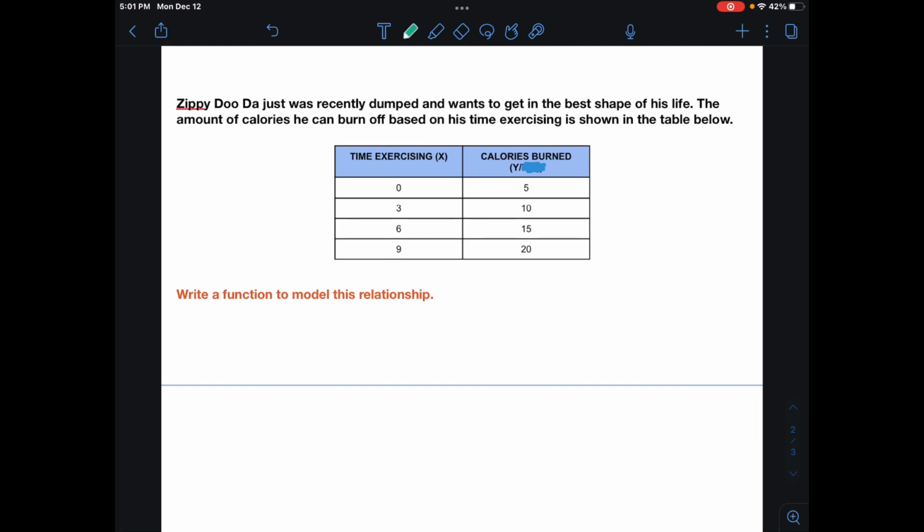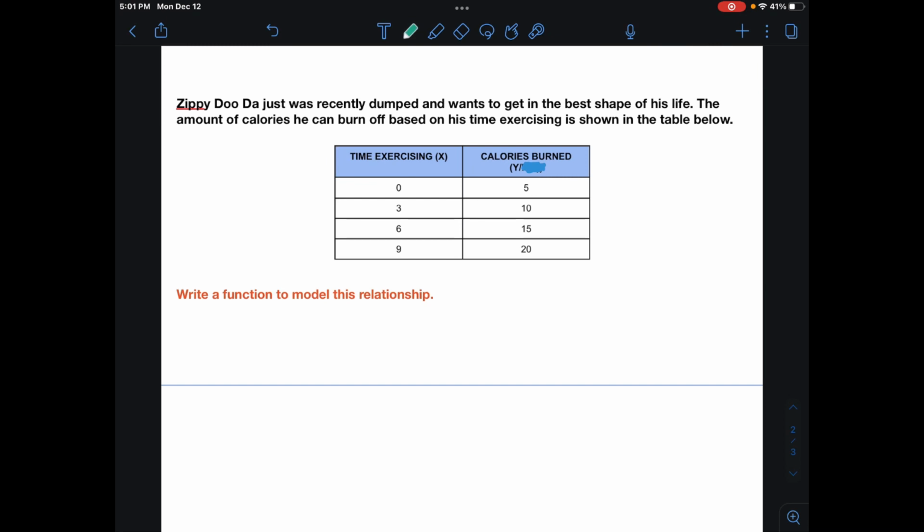And we do that by getting the change in y over the change in x, which, if you can recall, is our slope represented by rise over run. So let's get that out the way.